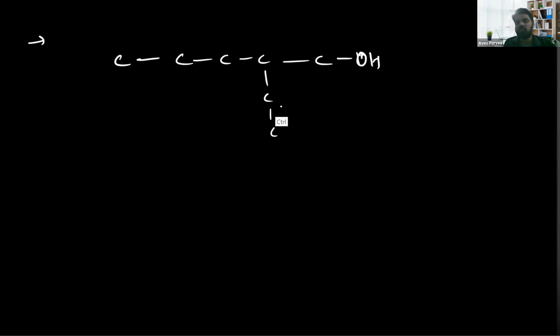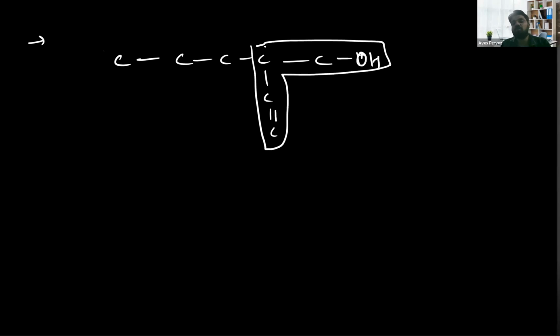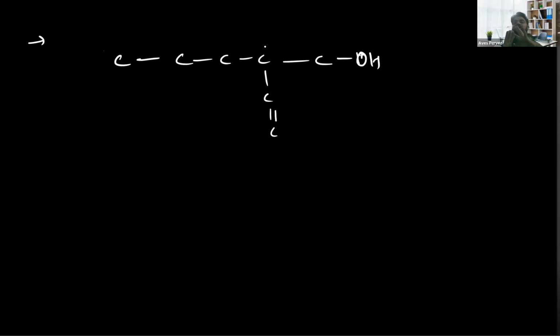So the first rule is to select the longest carbon chain, including the functional group, followed by the double bond and triple bond. If there is a double bond here, then we will choose like this. It means if there is a double bond and a functional group, then we will choose the longest carbon chain which has both the functional group as well as the double bond and triple bond.